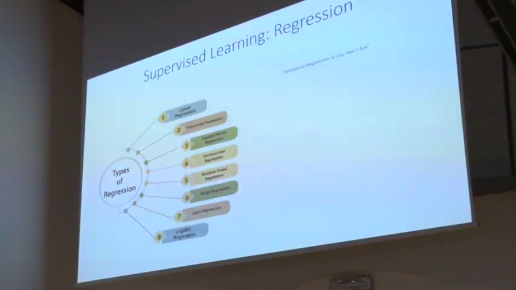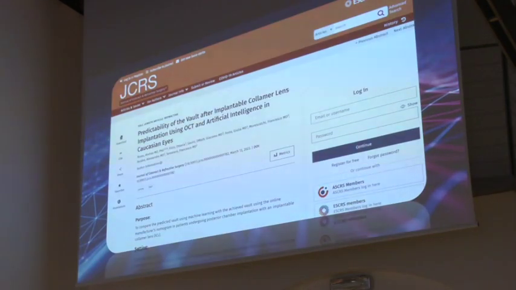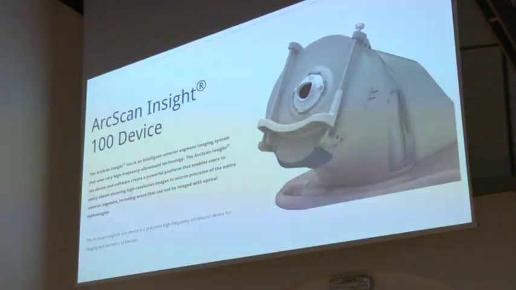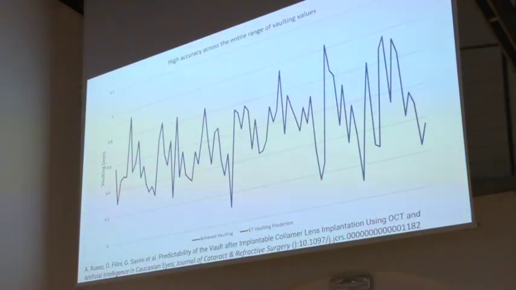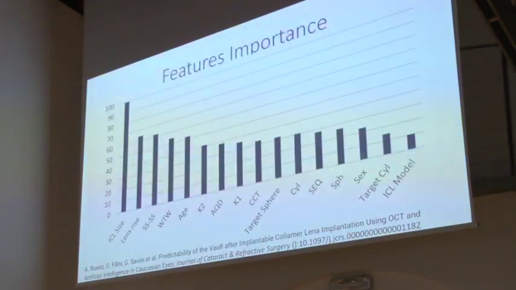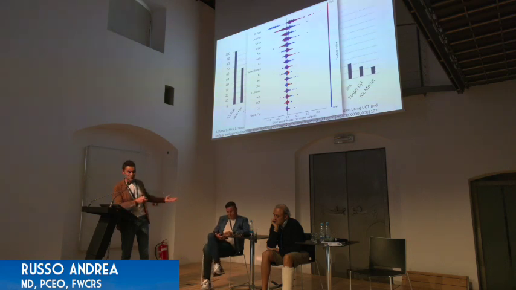And if we take into consideration many parameters, we come to the very same conclusion that machine learning is helpful, and we got the very same results. The most important parameter is, of course, the ICL size, which is quite obvious.